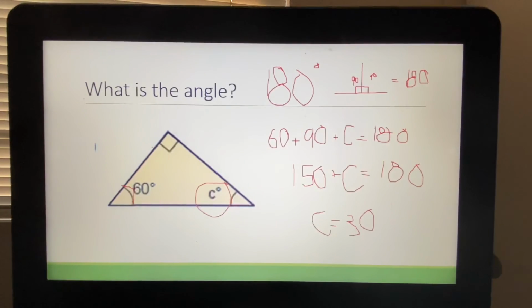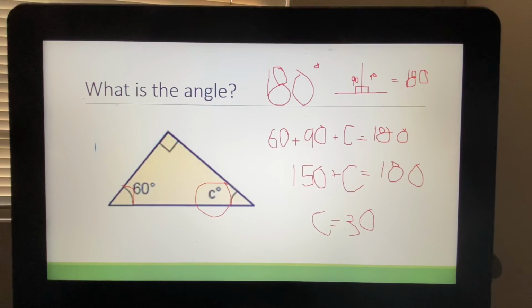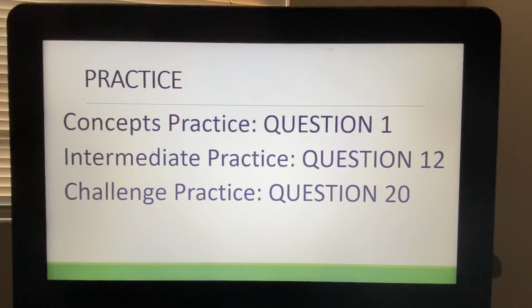Now, if you feel like, oh, Mr. Martinez, I know how to use that protractor, it's so easy, not a problem, you're going to move on to here on what is an angle. That'll be the intermediate practice. You'll be starting at question 12. So you'll skip the first 11 and go into question 12.